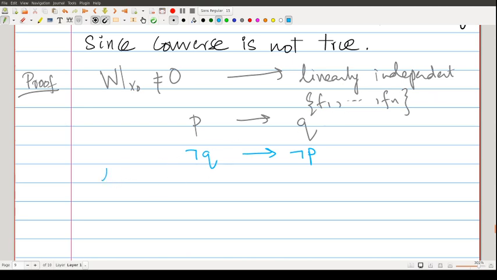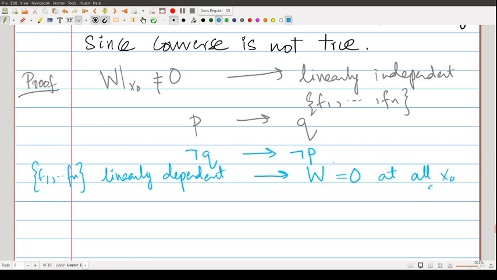That means negation of Q is that f1 to fn are linearly dependent, and that would imply negation of P, that the Wronskian is 0 at all x naught in [a, b], right?